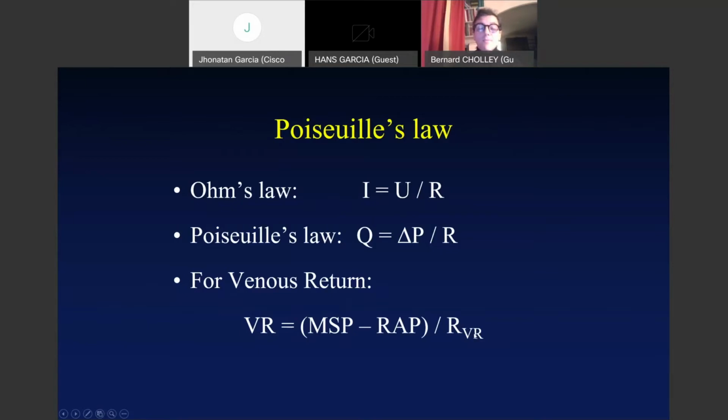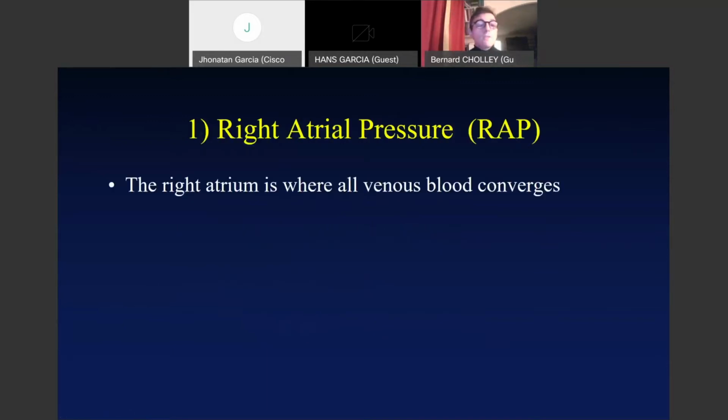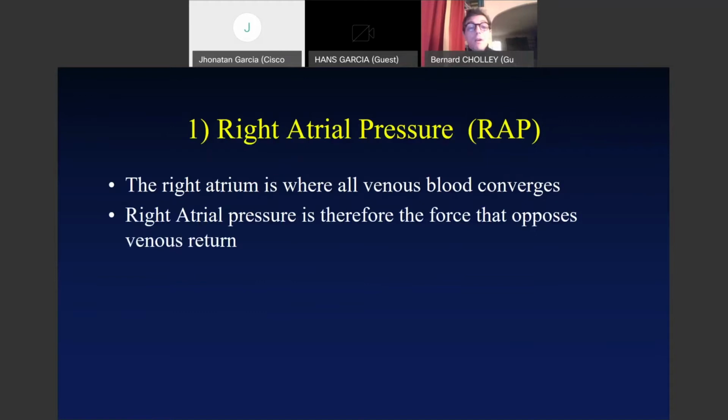I will start with the right atrial pressure, which is probably the most familiar to all of us. The right atrium is where all the venous blood converges. And therefore, the pressure inside the right atrium is the force that opposes venous return. And indeed, if you look at the equation, the greater the right atrial pressure, the smaller the numerator, the smaller the venous return.